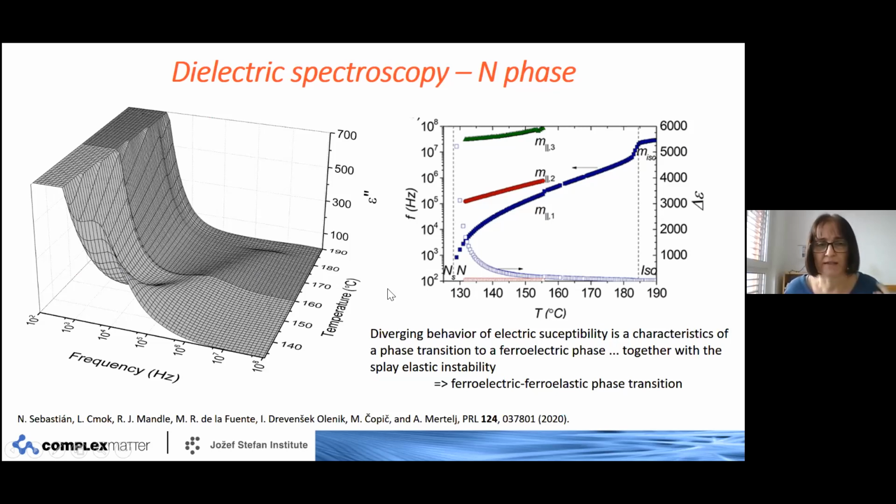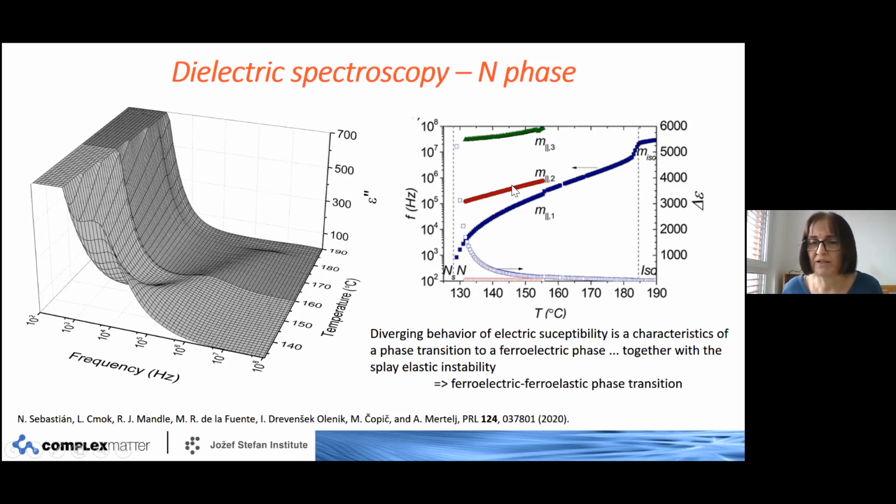By doing the analysis of the modes observed in the dielectric spectra, we see the following. In the isotropic phase, we have the usual one broad mode, which gets slower when we go to the nematic phase, and by lowering the temperature, it becomes soon obvious that this mode consists of two modes.